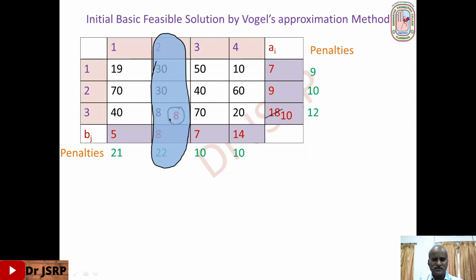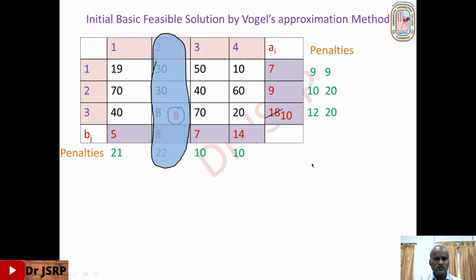For the first row, least cost 10, next least 19, difference 9. Here least cost 40, next least 60, so difference 20. Here least cost 20, next least 40, difference 20. Okay. So column penalties remain the same.